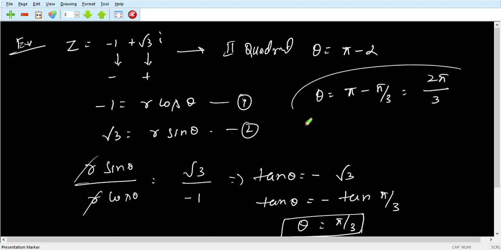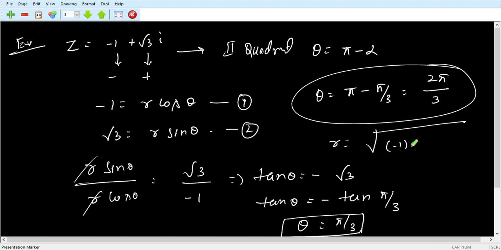So theta will be 2 pi by 3 and r is equal to under root of minus 1 whole square plus under root 3 square. This will become 1 plus 3, which is 4, so r will be 2. Now we have the values of r and theta, and it is easy to represent the complex number in polar form.